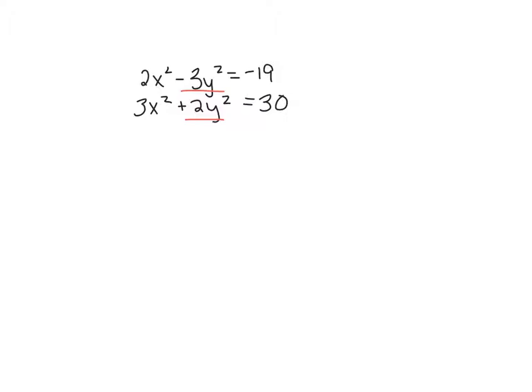Now, the least common multiple between 3 and 2 is 6. That's because 3 times 2 is 6, and then 2 times 3 is 6. So I'm going to change both of these y squared terms so that the coefficient in front is a 6.